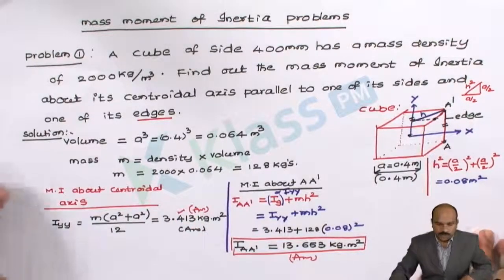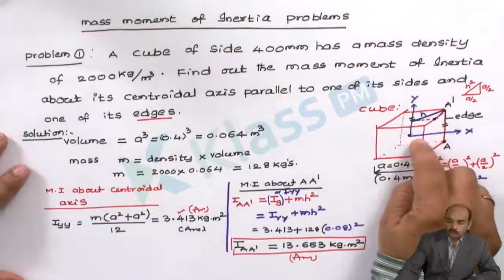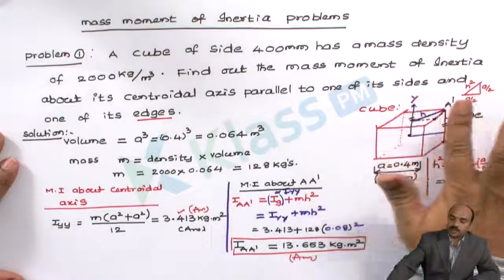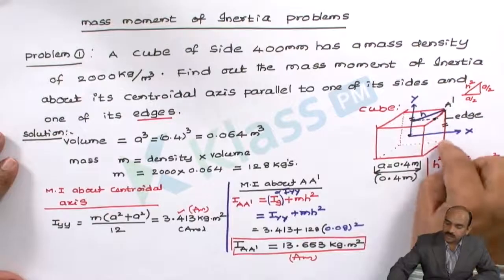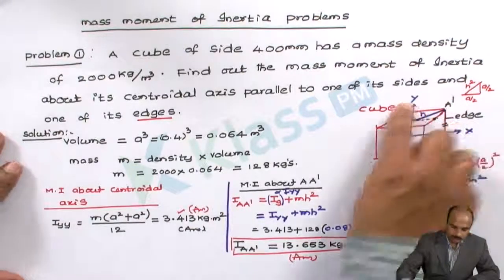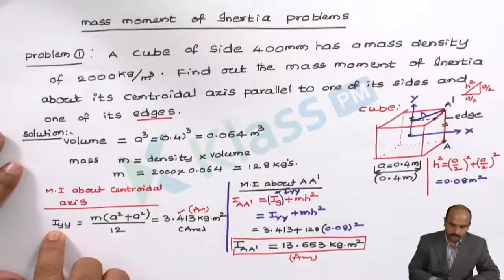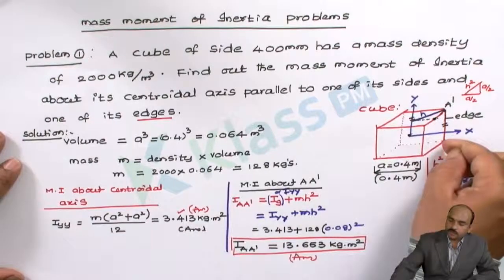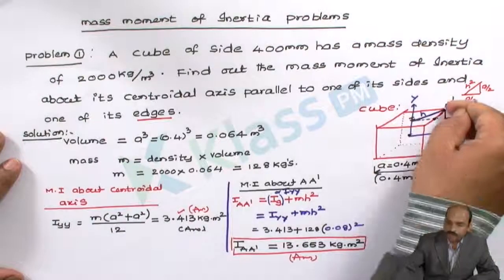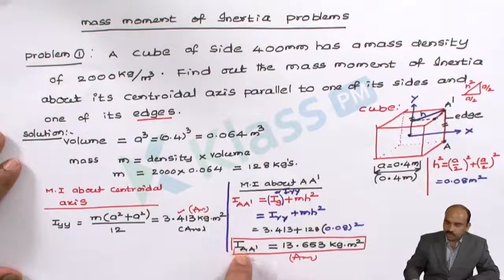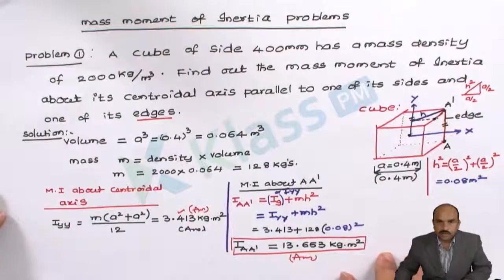So I will just explain the problem. A cube is given, and he is asking to calculate the moment of inertia about a centroidal axis parallel to an edge. We are considering the edge A dash, and parallel to this there is a centroidal y axis. We calculated I yy because we know the formula. The second bit asks to calculate about the edge A dash. For this we used the parallel axis theorem, so we have calculated about A dash. With this the problem is complete.